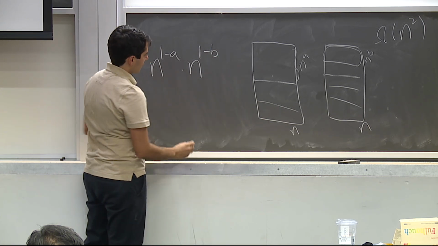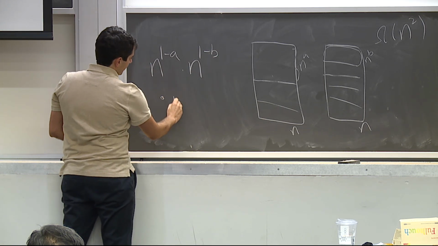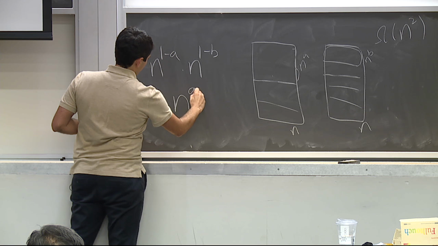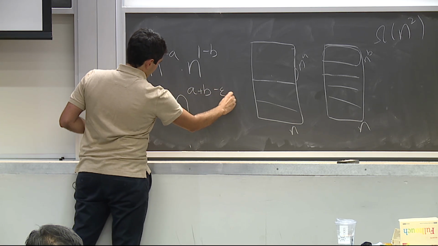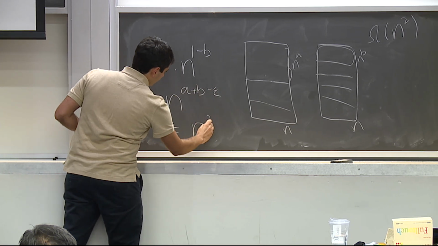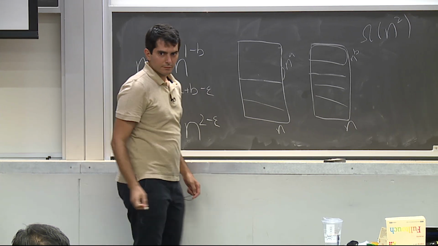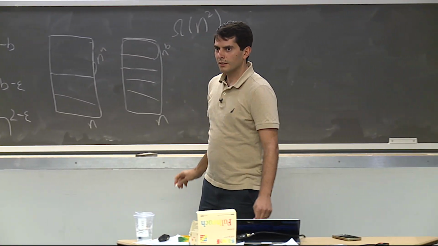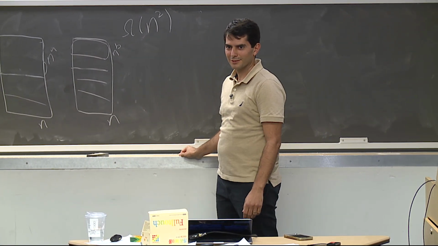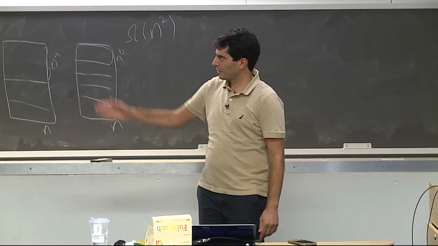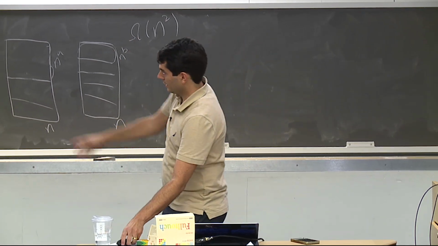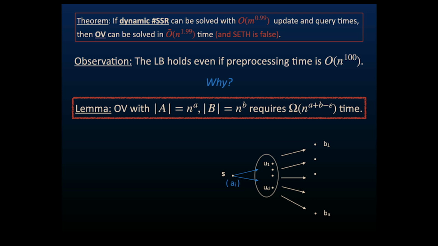That's the number of pairs. So if you could solve each pair in a faster time, then you get subquadratic.